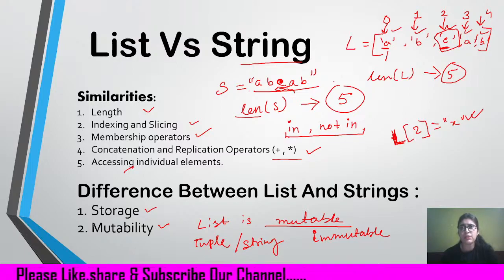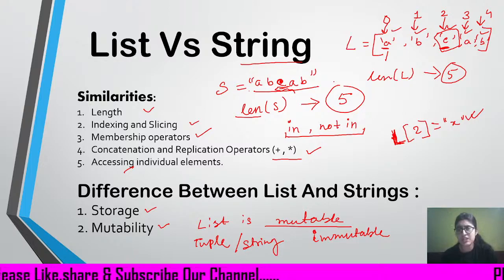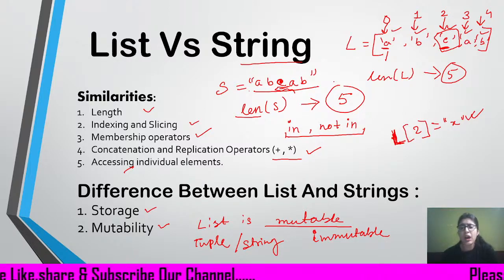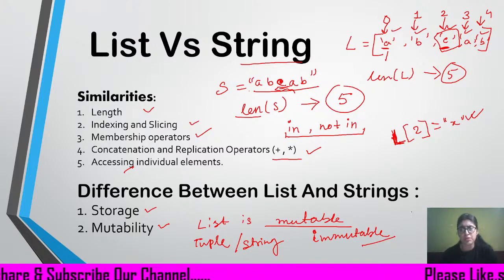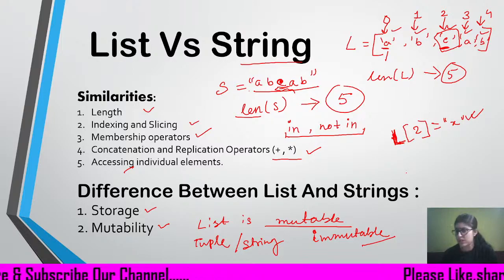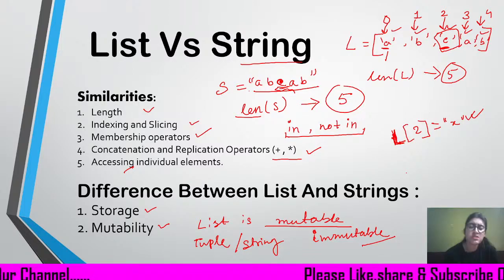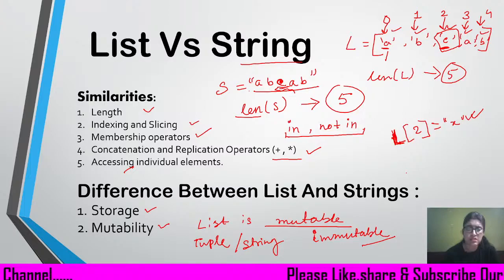One thing we can do is delete the thing and recreate it totally new, in a separate memory location. Definitely we can create a new tuple or string or list. And you can say this is the main difference between list and tuple as well. Okay.